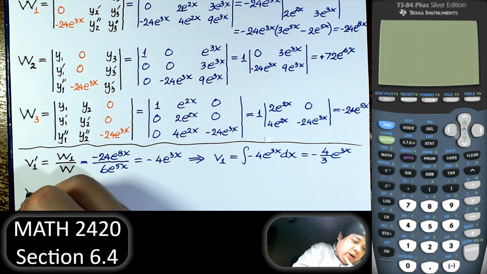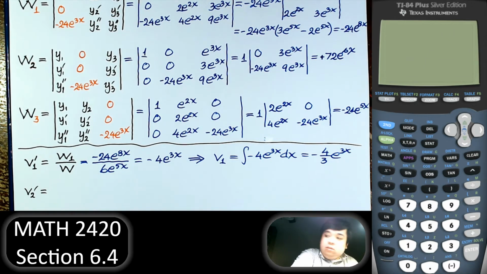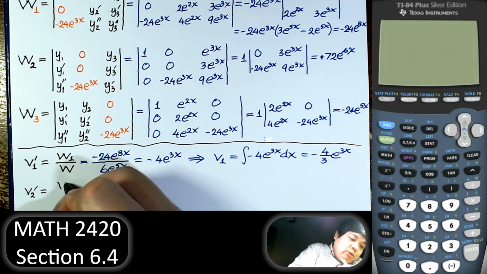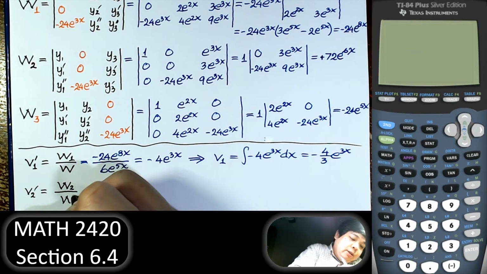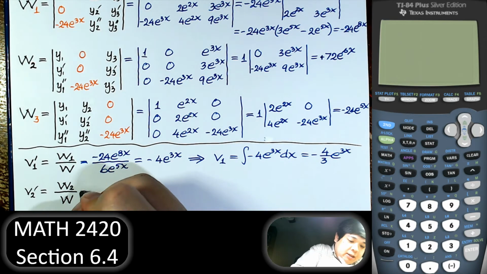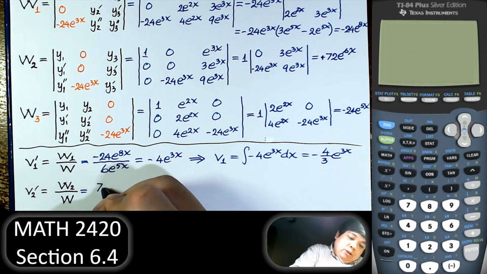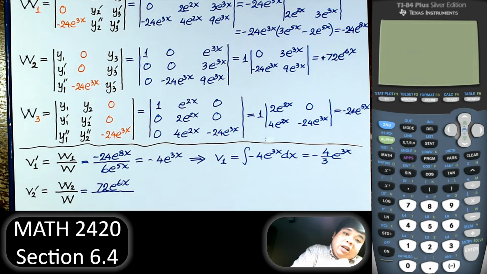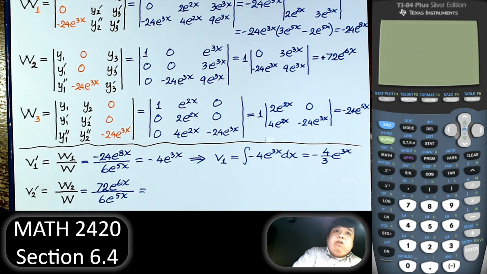Now v2 prime is W2 over W. W2 is 72e^(6x) divided by W, 6e^(5x). 72 divided by 6 is 12.